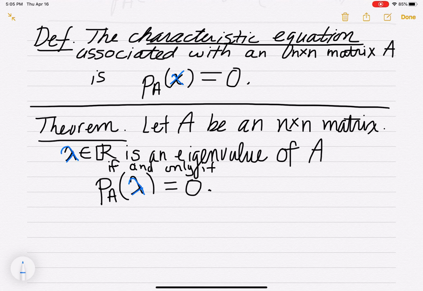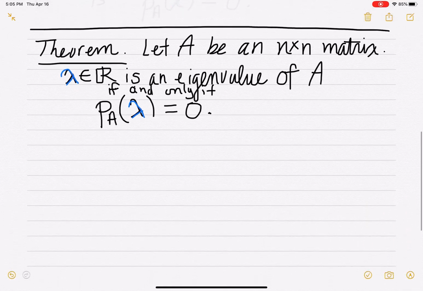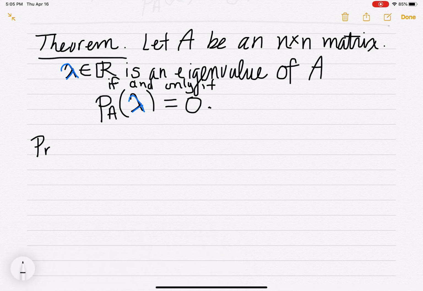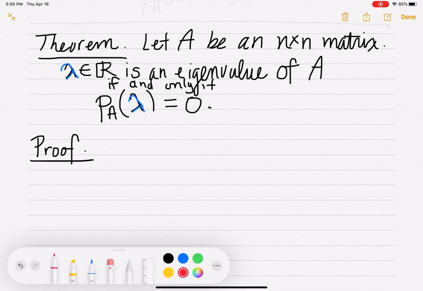We can prove that, and it's really easy to prove. You're going to see this construction that you've already seen in 5.1, and we're going to do it again. It shows up a lot. It's a really important construction for eigenvalues. So let A be an n by n matrix.